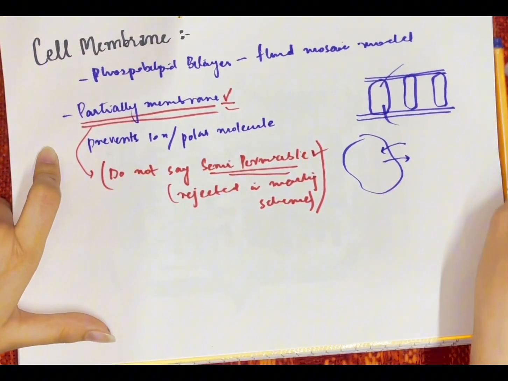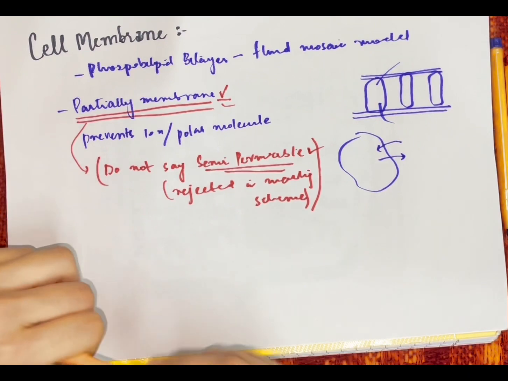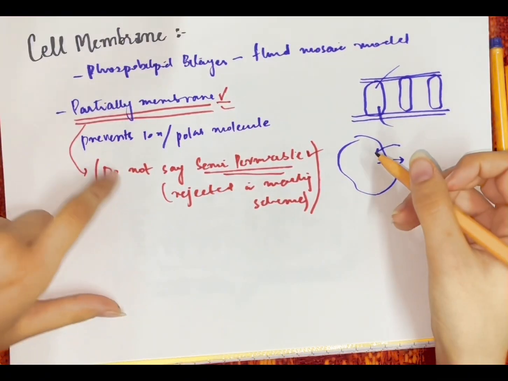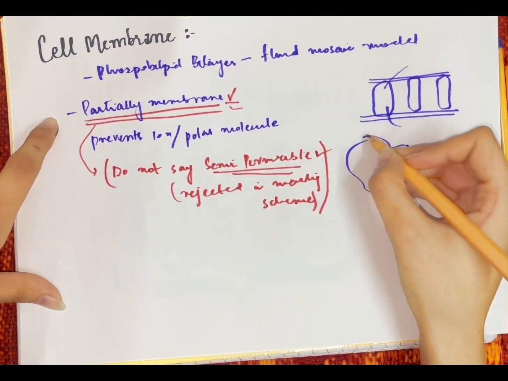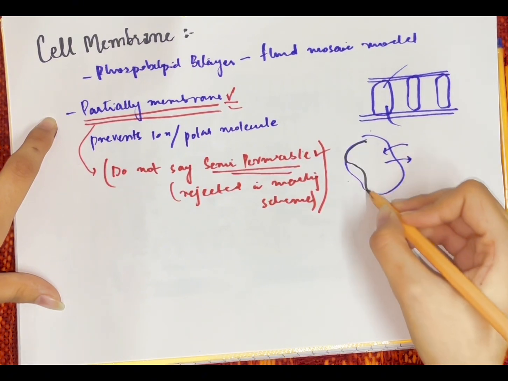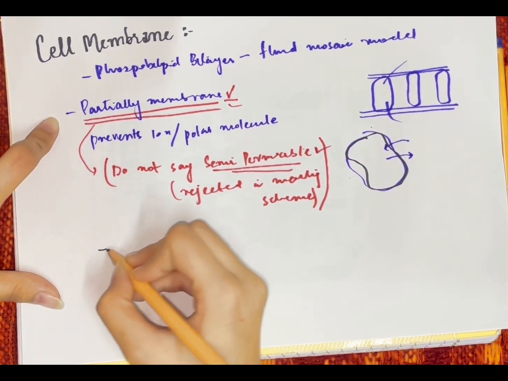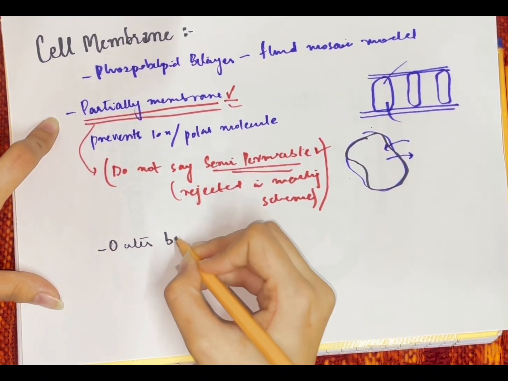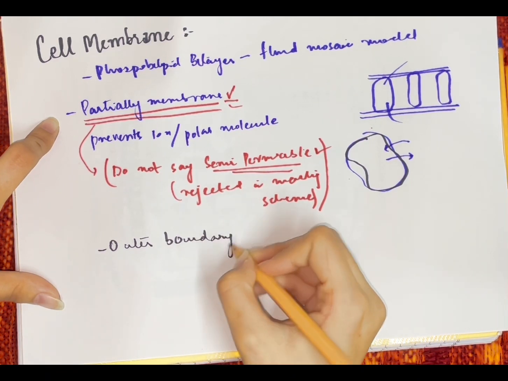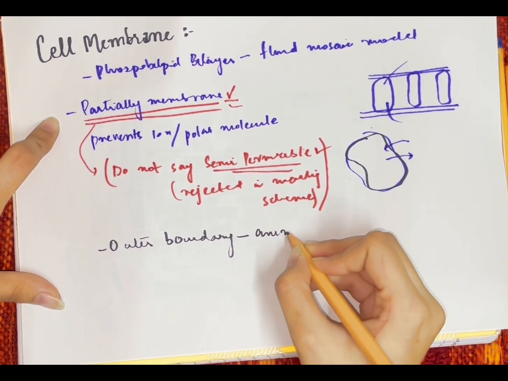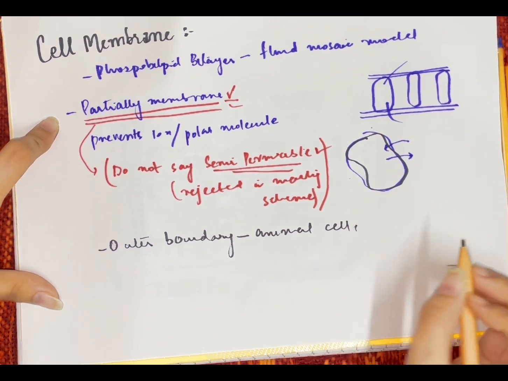As we all know, it is also an outer boundary for animal cells, since they do not have a cell wall; inside the cell wall, this is the cell membrane. So it is an outer boundary in animal cells because they lack the cell wall.